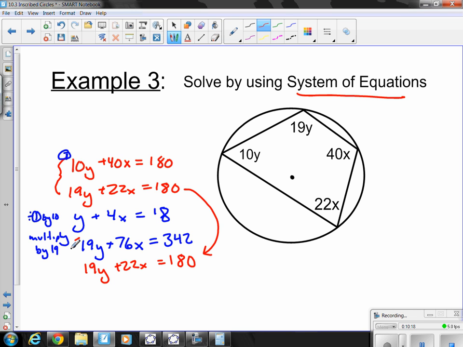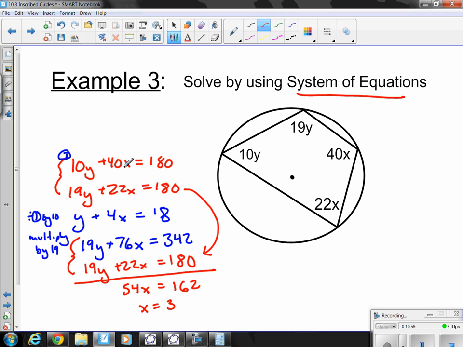So now taking this new equation and bringing this equation down, I have a new system of equations where I can just add these two things together. In this case, I'm going to subtract them. So my y's cancel. 76 minus 22 is going to be 54x. 342 minus 180 would be 162. And it looks like 54 would go into 162 3 times. So if x equals 3, we've got to figure out y.